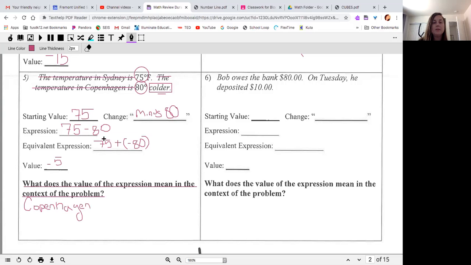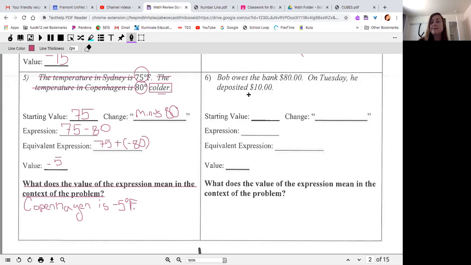If you can't read that, it's up here. Okay. Is negative 5 degrees Fahrenheit. Notice how I include my unit of measure. Okay.